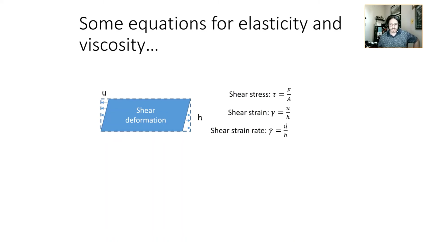Shear strain, gamma, is U over H, so it's this deformation divided by this dimension. I know there's a lot more to it than this, but we're talking at a really, really high level. Shear strain rate is also given by gamma, but with the dot, that's why it's a rate: the rate of deformation, U over H, basically. So shear stress, shear strain, strain rate.